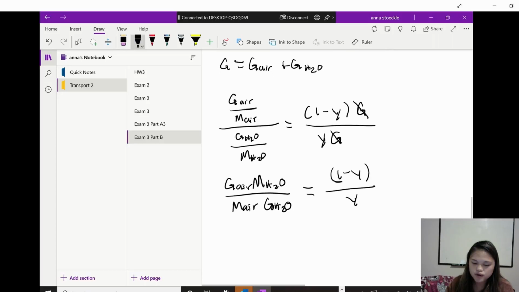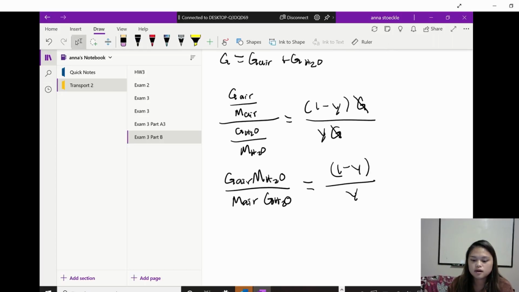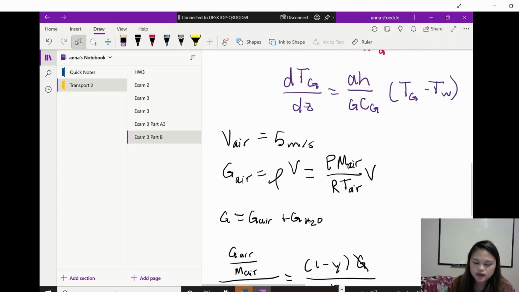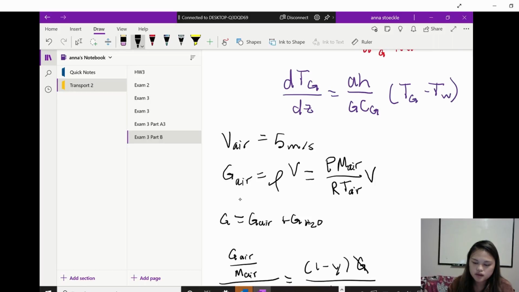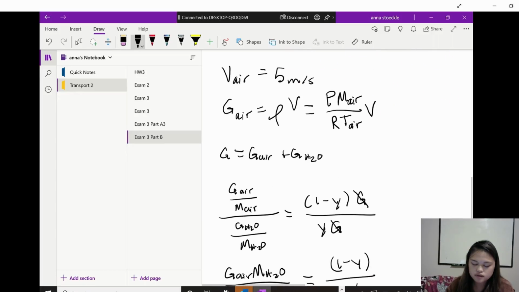So now we know the velocity of the air and the gas flow rate of the air, and we're interested in the total gas flow rate. Since we found the gas flow rate of the air, now what we need is the gas flow rate of the water vapor.